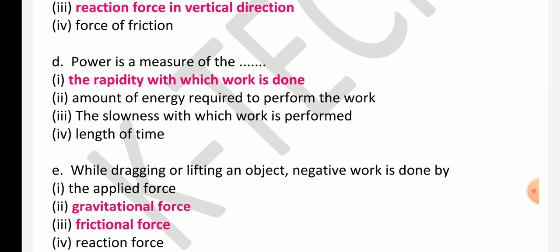Fourth one. Power is a measure of dash. Options are the rapidity with which work is done, amount of energy required to perform the work, third, the slowness with which work is performed, fourth, length of time. So, what is power, children? Yes, the rapidity with which work is done.